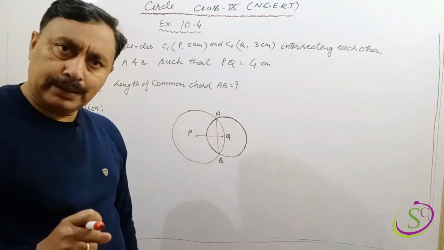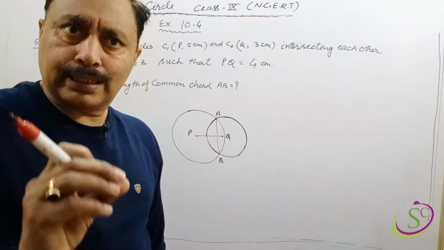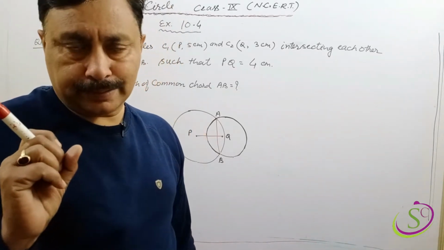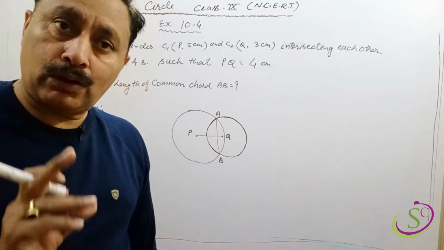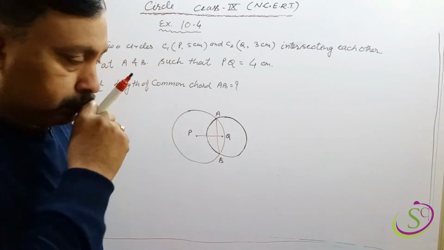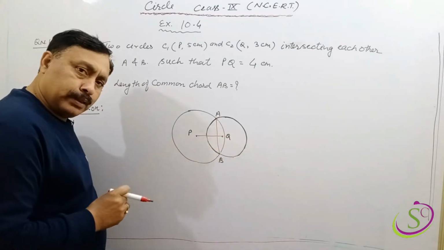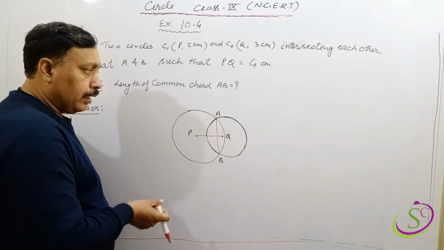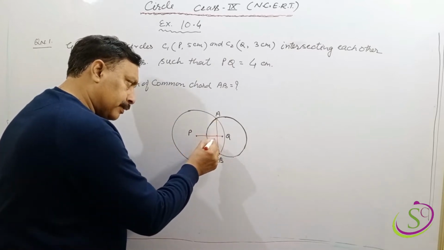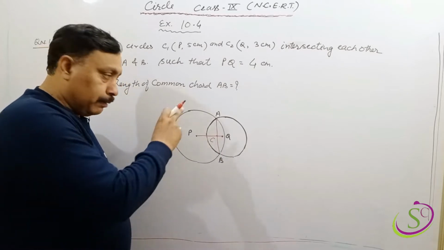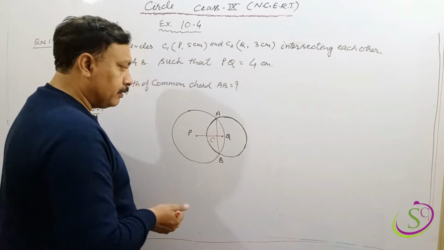What was the statement? Line joining the centers of the circles intersecting each other is a perpendicular bisector of the common chord. So here PQ is the line segment joining the centers of the circles and AB is the common chord. So the point C will be the midpoint of AB according to that statement.